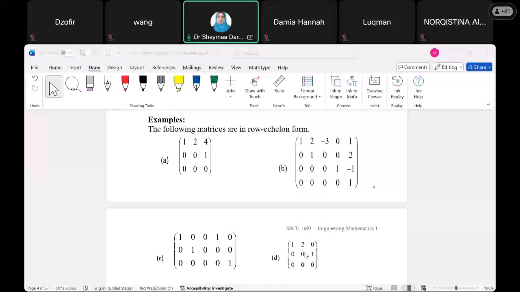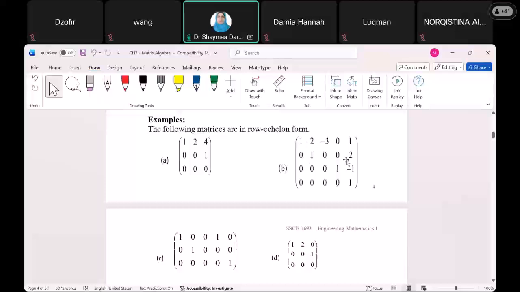This one is also reduced because the leading one here has 0 and 0. So this is reduced. The fifth condition is also satisfied. So these two are reduced row echelon form. These two are not reduced because the leading one here has entry 4, not 0. So this is row echelon form, yes, but not reduced. Here same, the second leading one has 2.